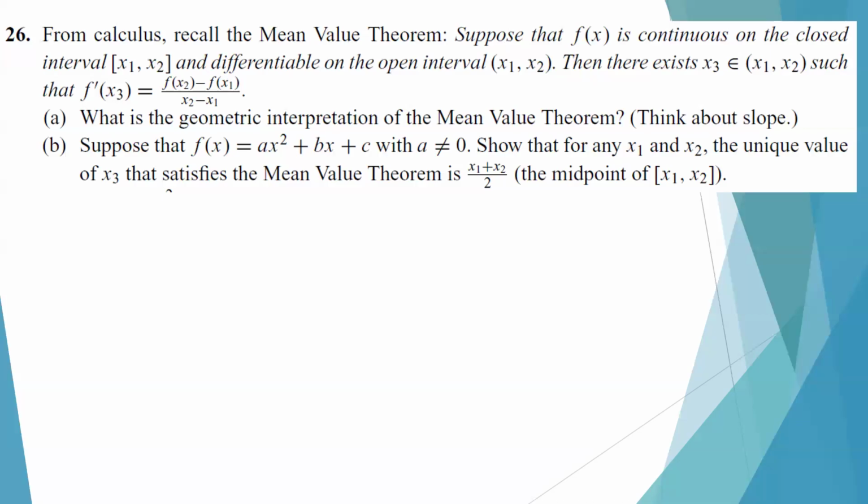So it can't be x1, it can't be x2, such that the derivative at that point, x3, is equal to basically the middle of f of x2 minus f of x1 over x2 minus x1.